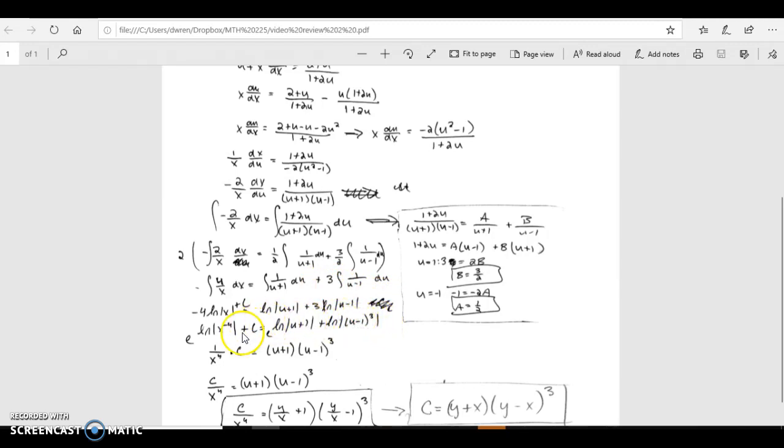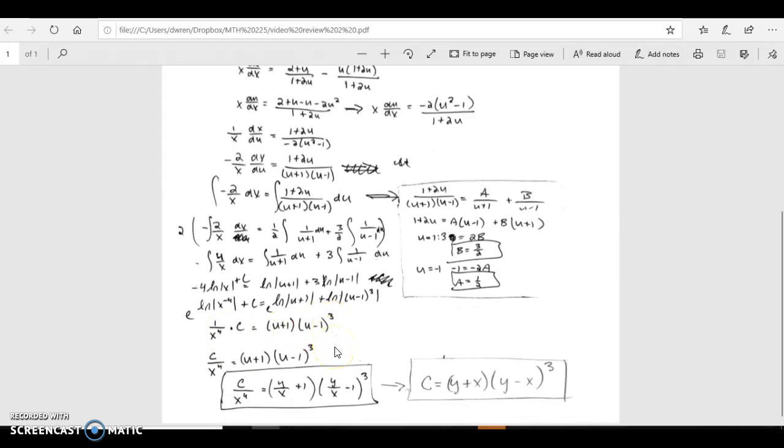So now we can take the exponential of both sides and get rid of the natural logs. We are left with 1 over x to the 4th, or x to the minus 4, times c equals u plus 1 times u minus 1 to the third power.